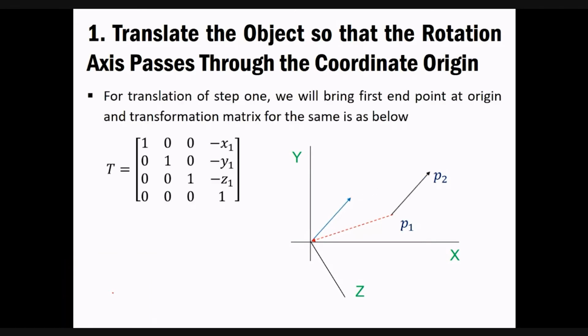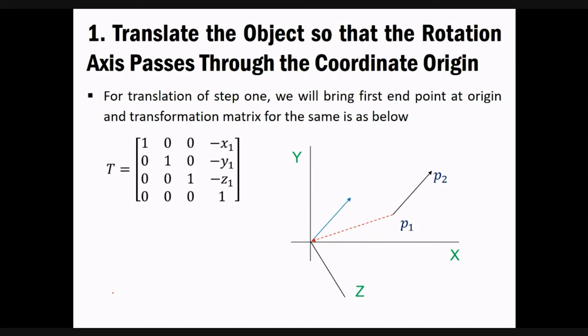For translation in step 1, we will bring the first endpoint to the origin, and the transformation matrix for the same is as given below. This is a simple thing that you need to apply on the points. You just need to perform this operation at step 1.